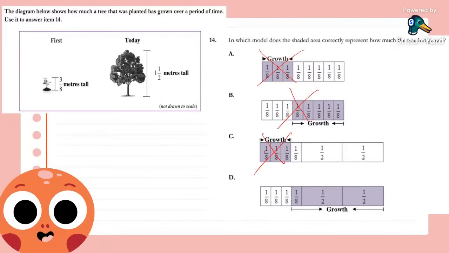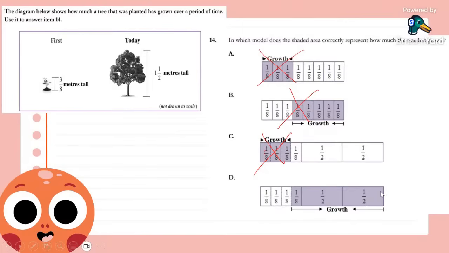We're left with D now. Here it is showing 1, 2, 3/8, not the part selected for growth. But in 3/8, we know that 3/8 is made up of 8/8. Here, 1/8 plus the 3/8 already will give us half.